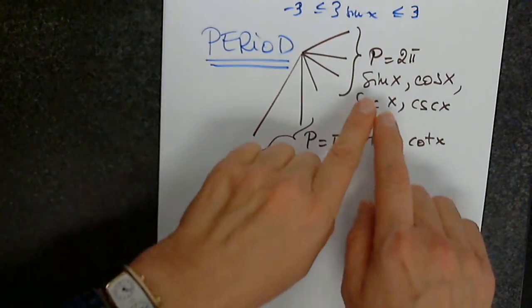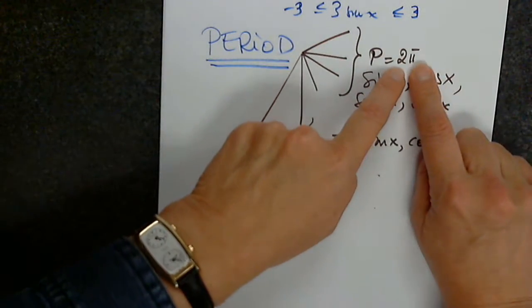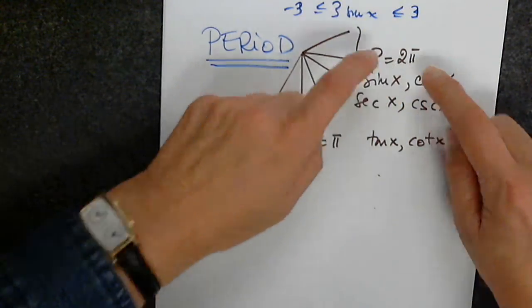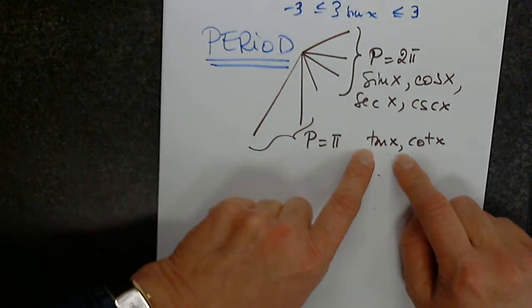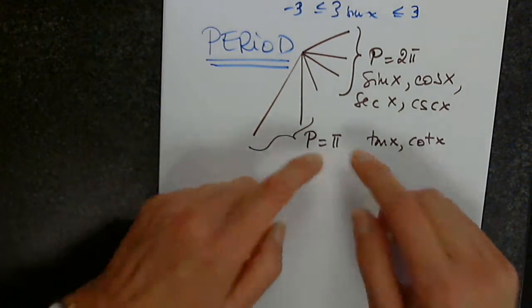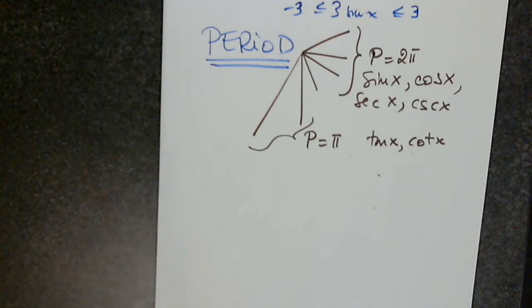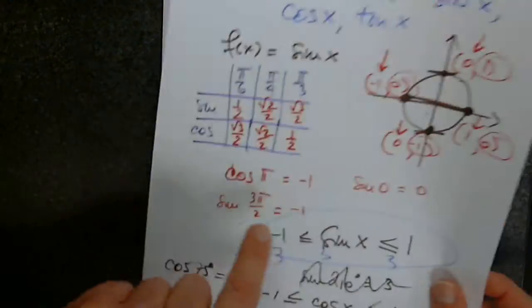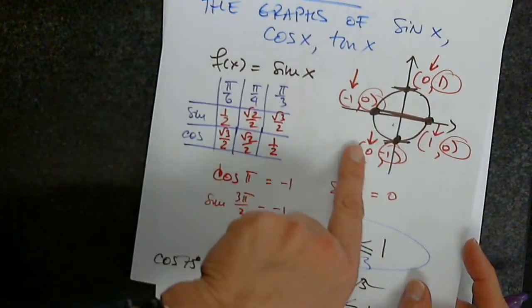So therefore, when we graph sine, we will graph it between 0 and 2 pi. When we graph cosine, we'll graph it between 0 and 2 pi. When we graph tangent, it's a little bit different, but we will graph a period of pi. Okay, so let's start with plain sine. And I need at least these for now.